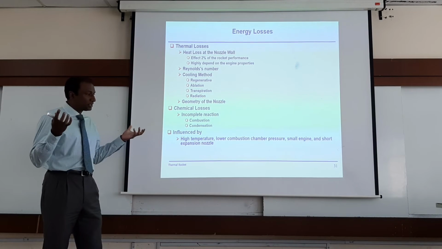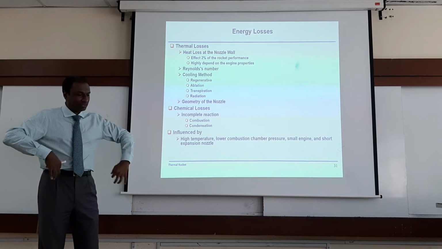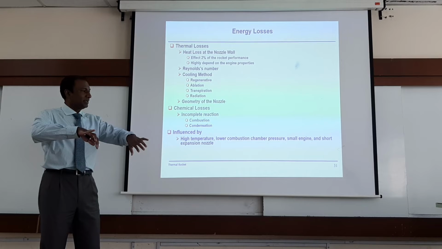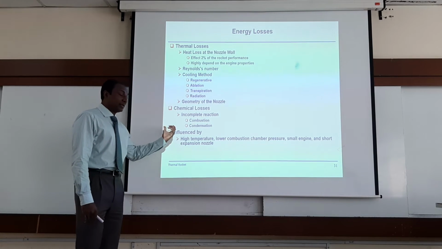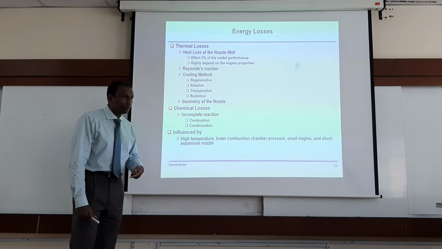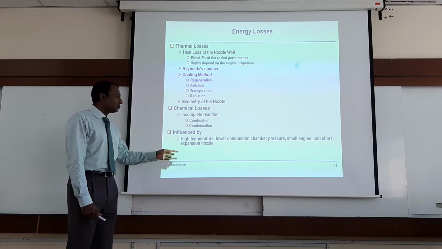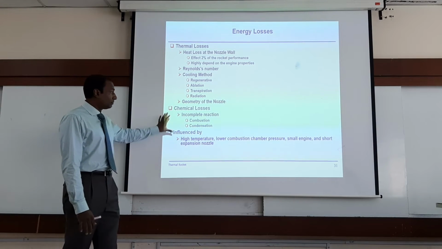Very high temperature during combustion is going to heat up the engine parts, so all is affected. High temperature is good because you can use it to heat your fuel, but don't forget it is going to affect all the other components of the rocket. So many losses are there.